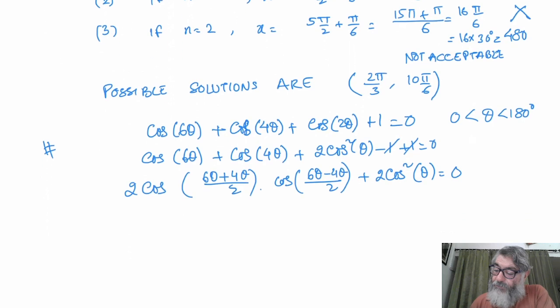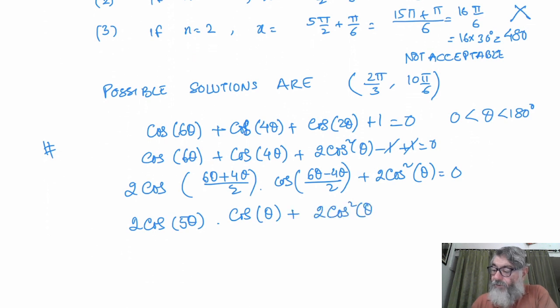Now it will come out to be 2 cos 5 theta cos theta plus 2 cos square theta is equal to 0.